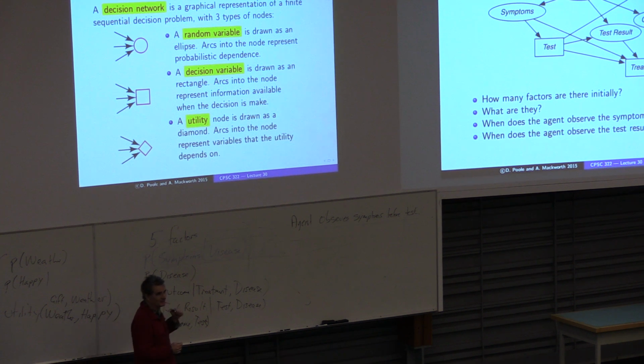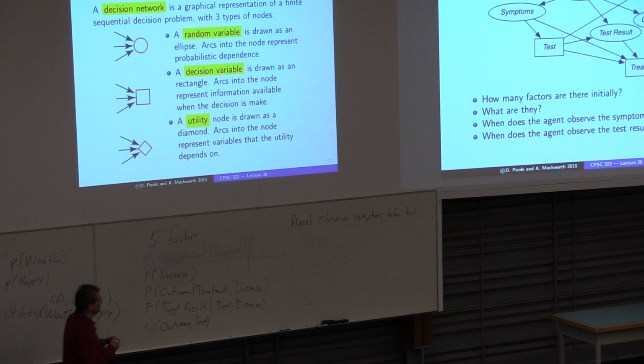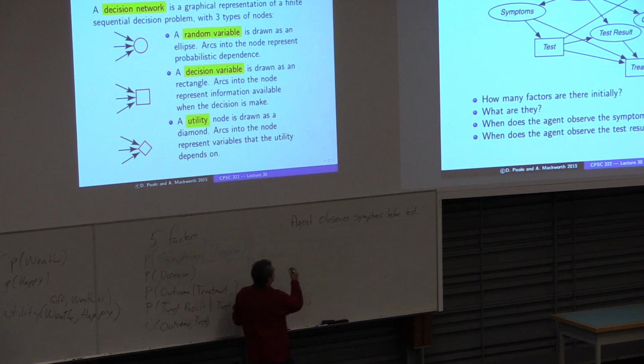Well, no, hang on. You only get to make observations for decisions. So right here, the decision variable represents the information available to it. It gets information available for decisions. Okay, so when does it get to observe the test results? Right, so the agent observes the test results before the treatment and after the test.